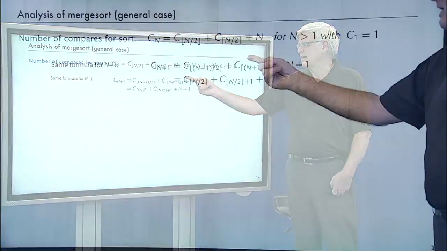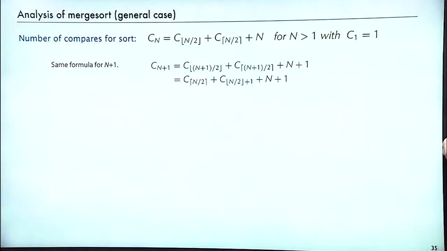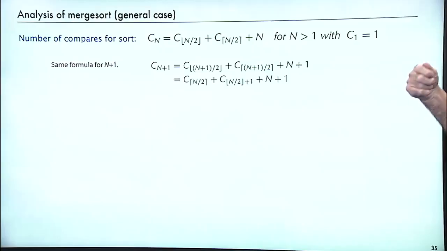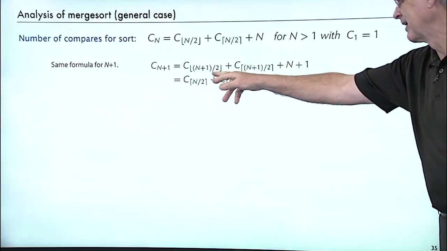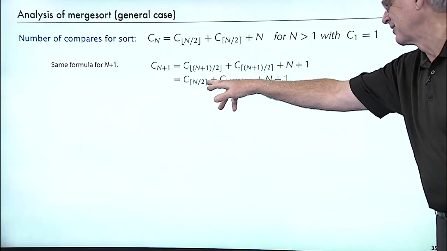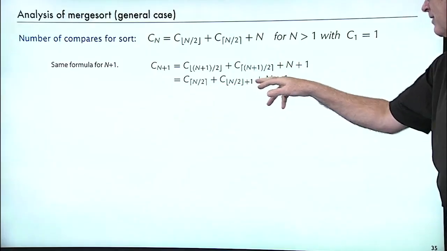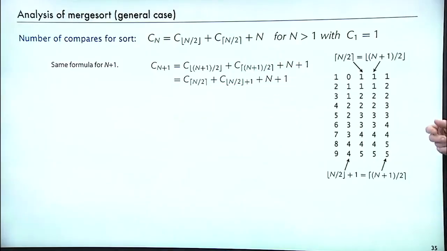If we write down the same formula for n plus 1, then we're going to have to do some math with floors and ceilings. Floor of (n+1)/2 is the ceiling of n/2, and ceiling of (n+1)/2 is the floor of n/2 plus 1. You can do a little math to convince yourself of that.